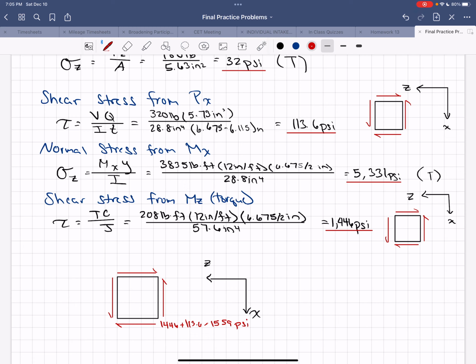And then we have tension in the z direction, the longitudinal direction, block C, and that equals this 5,331 plus our 32, so we get 5,363 psi. So that's our stress block.